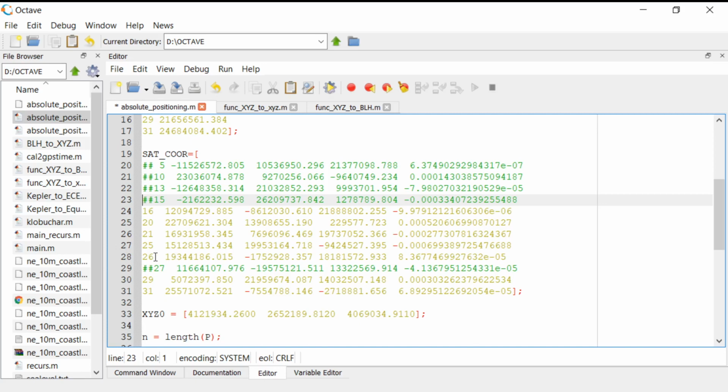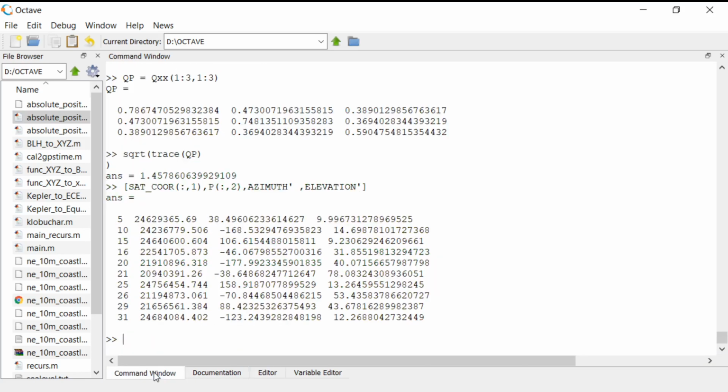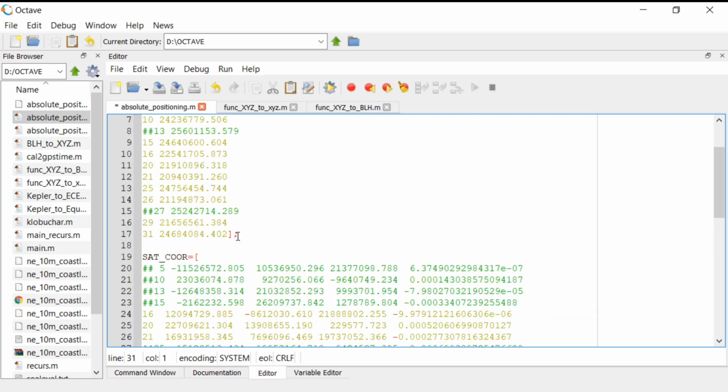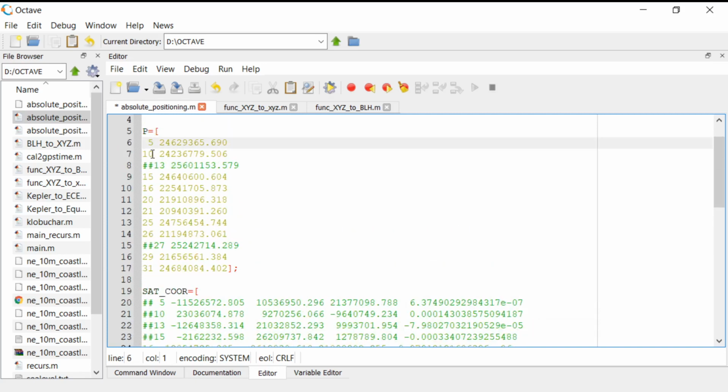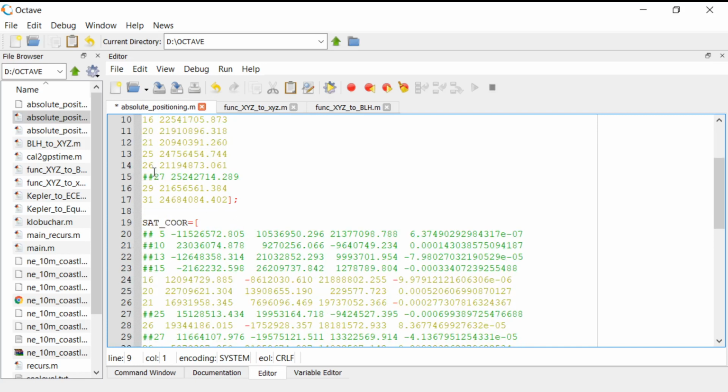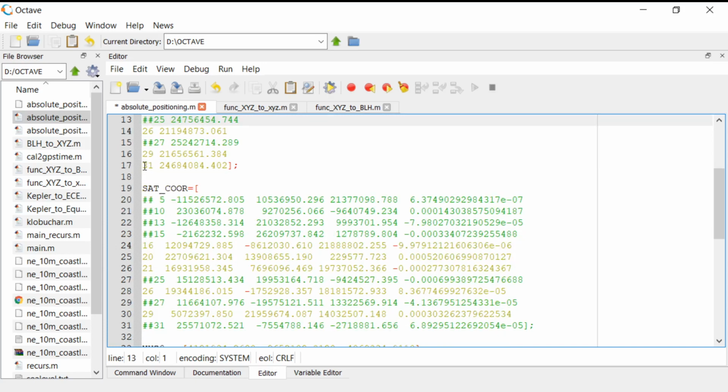So we will exclude 25 and 31. As you see, 5 satellites are available. We must do the same at the observation site, so that there will be no problem handling the data. So 25 will be excluded, and 27 and 31.